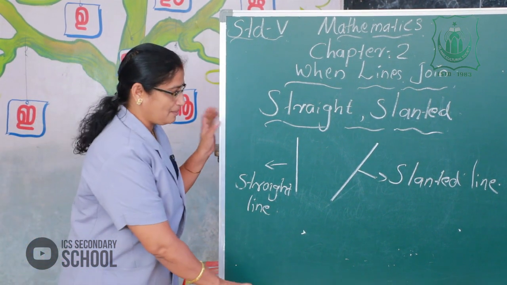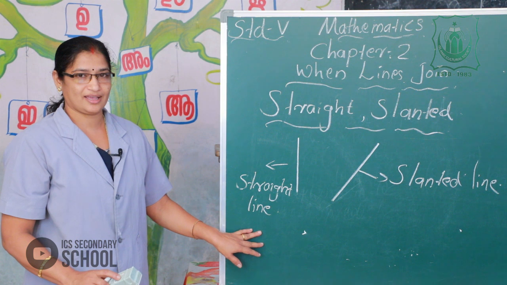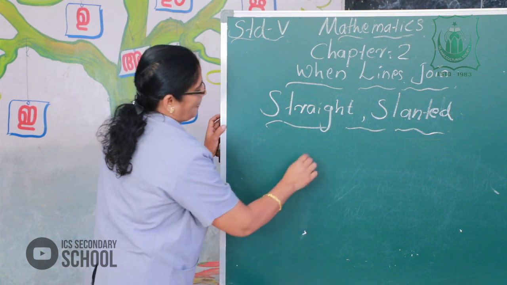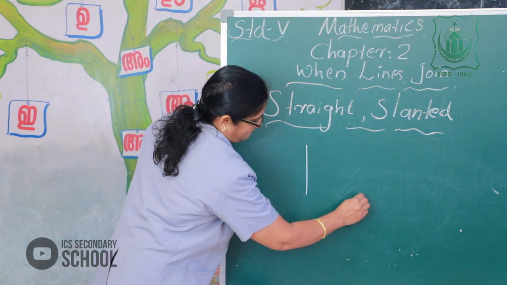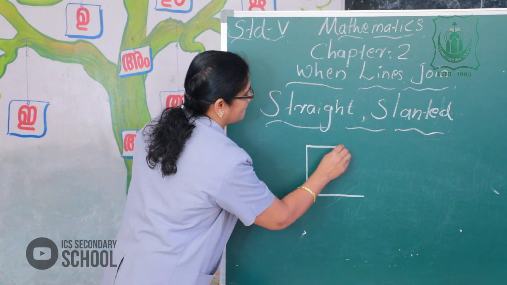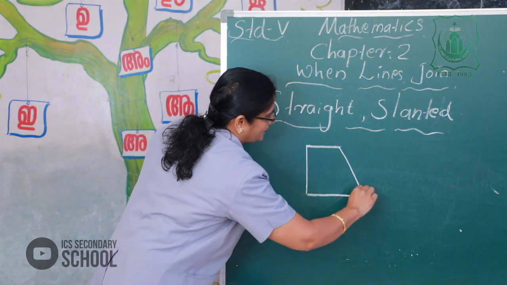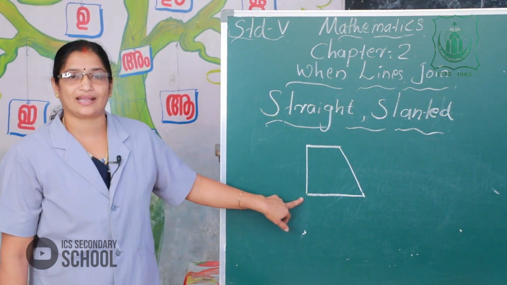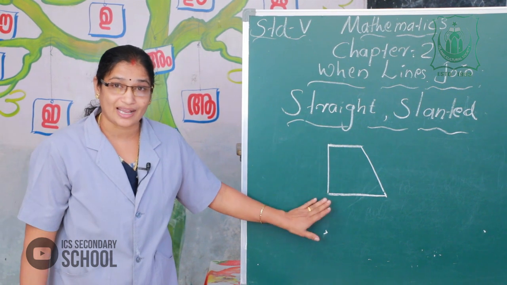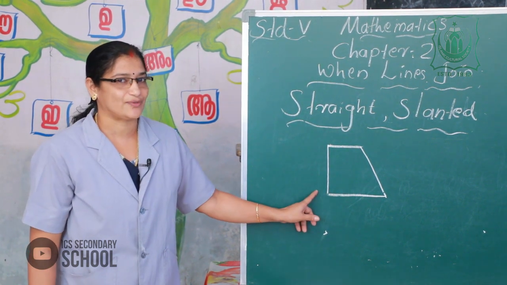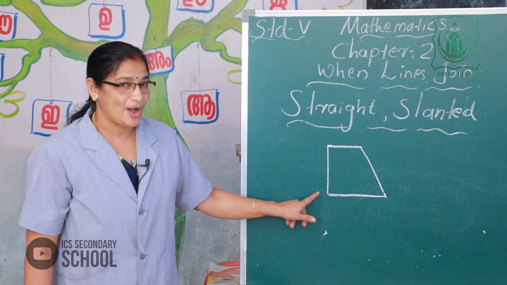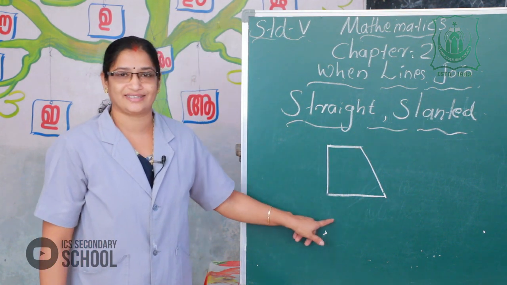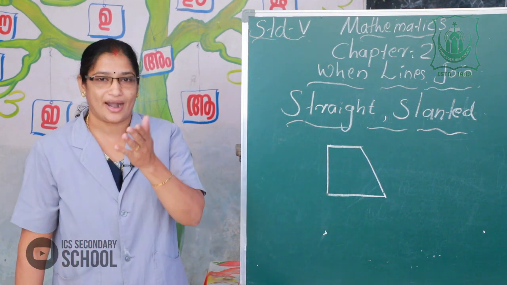For example, may I clean this part? Okay. For example, this is a geometrical figure. How many sides in this figure? Count. 1, 2, 3, 4. Four sides are known as quadrilateral.